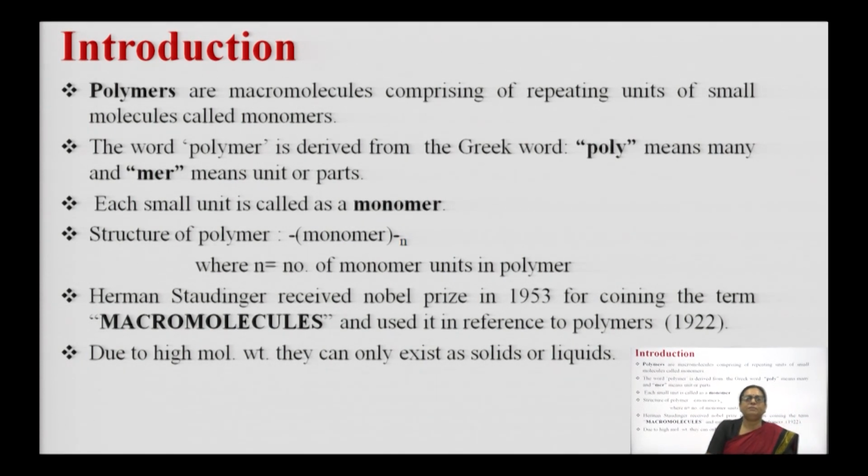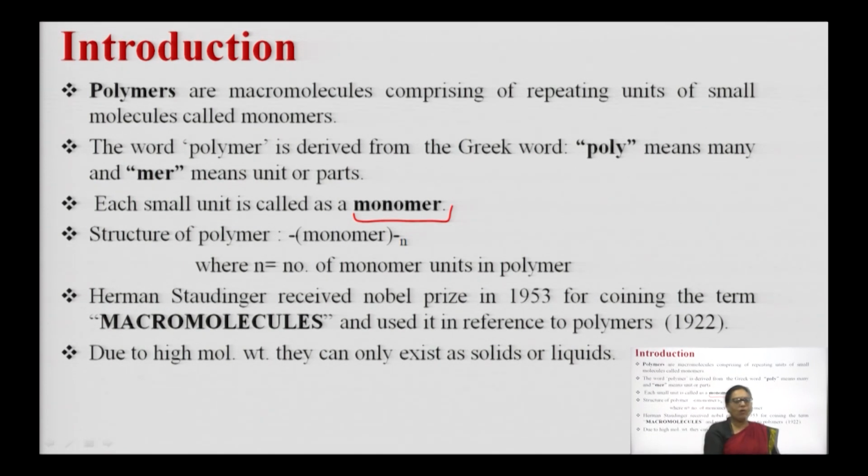Polymers are basically macromolecules comprising repeating units of small molecules that are called monomers. The term is derived from a Greek term, poly meaning many and mer meaning units or parts. Each small unit making up the polymer is called the monomer.